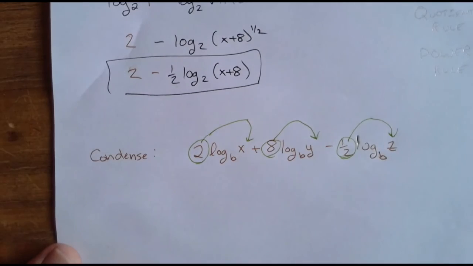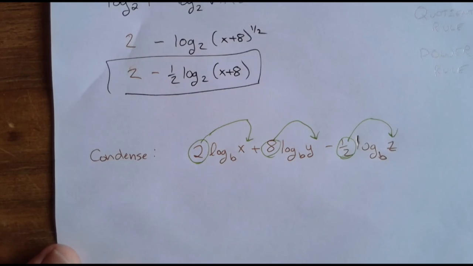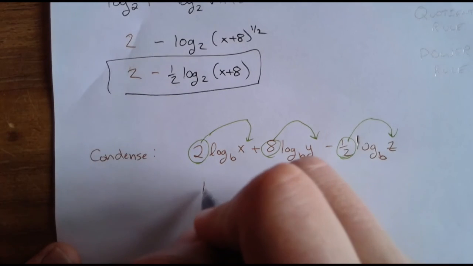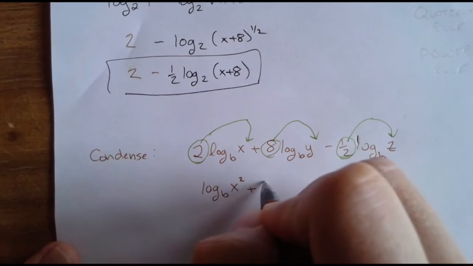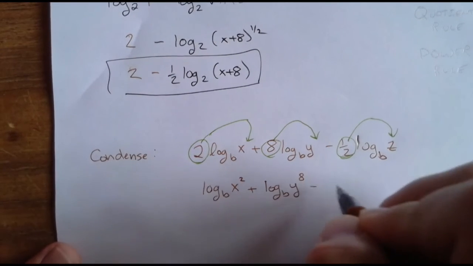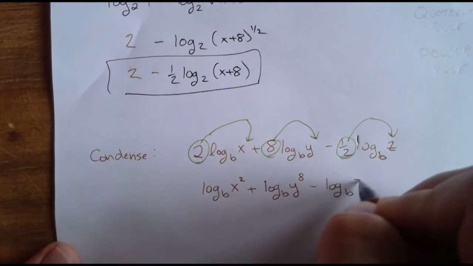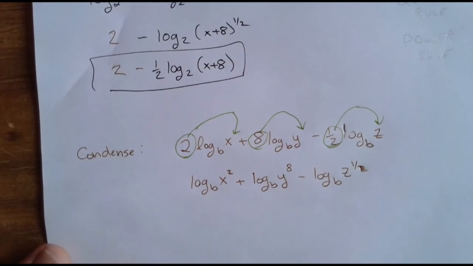And now I'm ready to use these addition and subtraction signs to apply the product rule and the quotient rule. The positive ones are going to end up in the numerator. The minus one, the subtraction, is going to end up in the denominator. So this can finally reduce down to one log base b of x squared times y to the 8th over z to the 1/2.